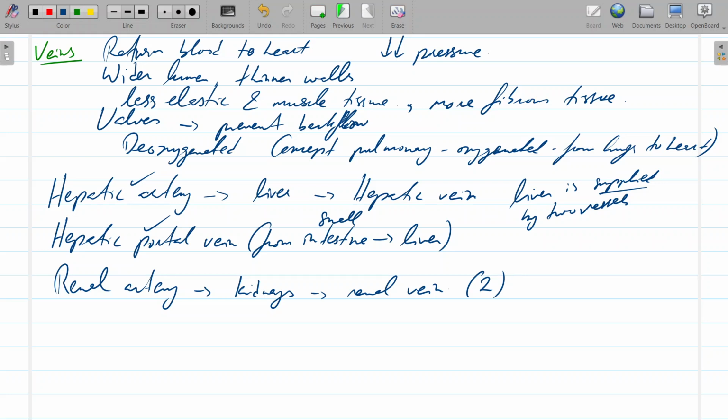Like every organ has a different artery and vein. Mostly yes, right. We are not talking about each and every one. For example, they haven't mentioned the coronary artery. We are going to talk about coronary heart disease, and so there are the coronary arteries, which supply the heart.